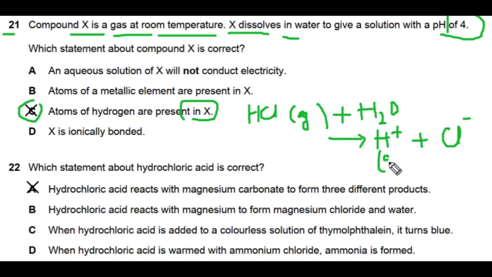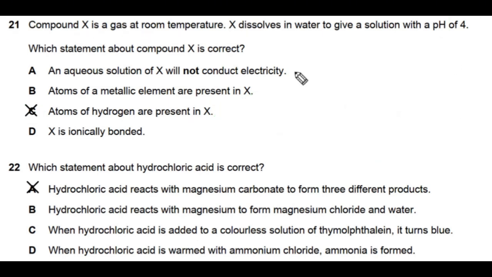Hydrogen ion aqueous is produced, so this solution will be acidic, pH 4. So atoms of hydrogen are present in X. Hydrogen chloride dissolves in water to produce hydrogen ion aqueous. So C is the right answer.